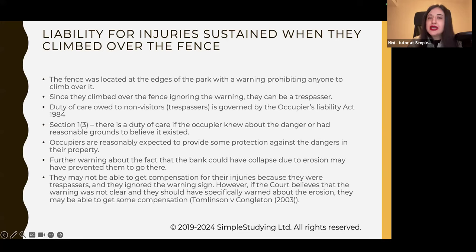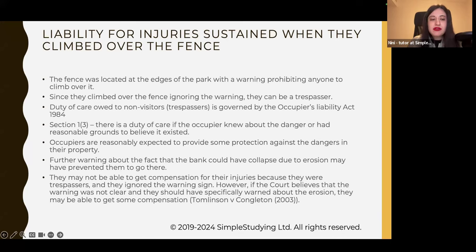But if the court takes the view that the warning that was placed there was explicit enough, and they should not have climbed over the fence, then they may not be able to get compensation for their injuries because they were trespassers and they ignored the warning sign.